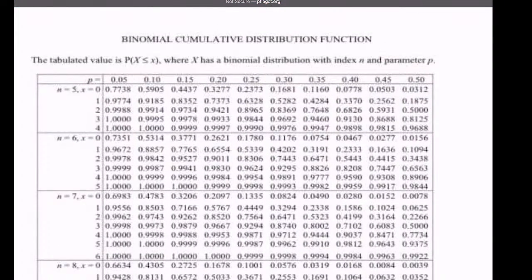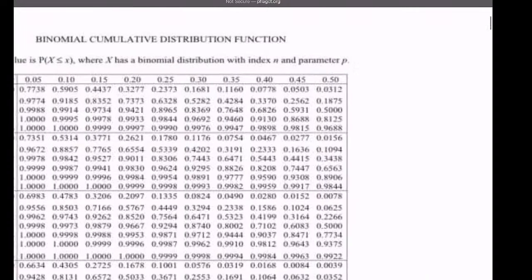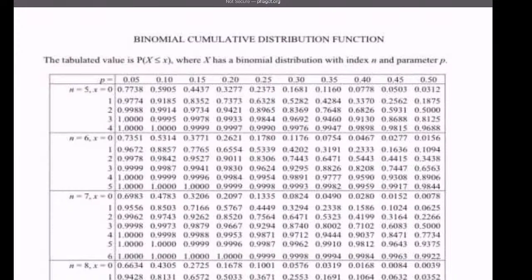So this is a cumulative distribution function for the binomial. The p is on the top. Okay, along the top is p, and down the side, vertically, is your n, and it's showing you if n is 5 in the first case, and p is, well, you get information on all the different p's.